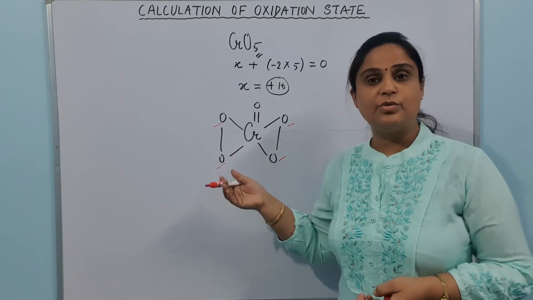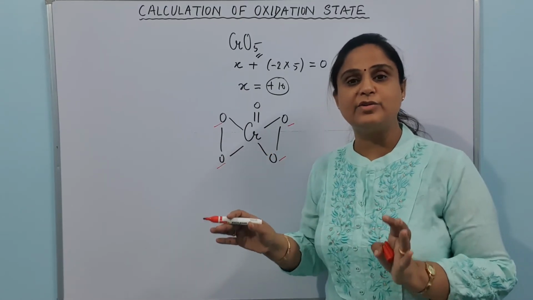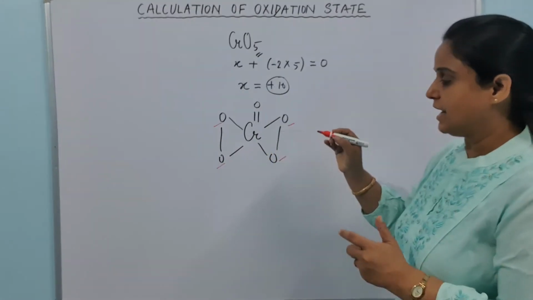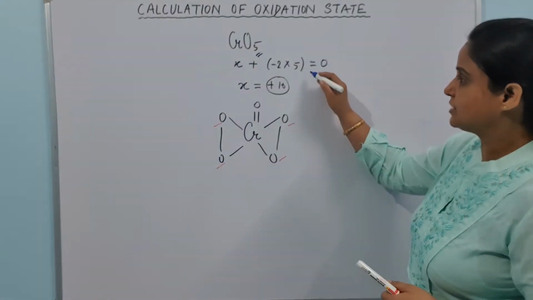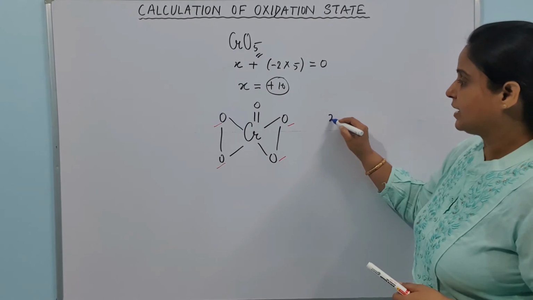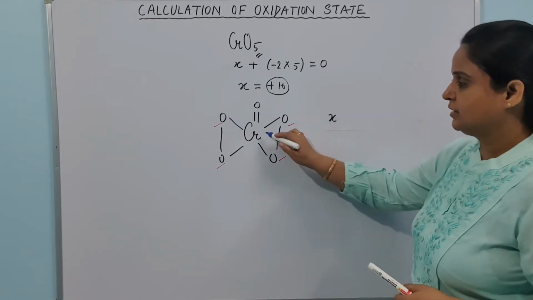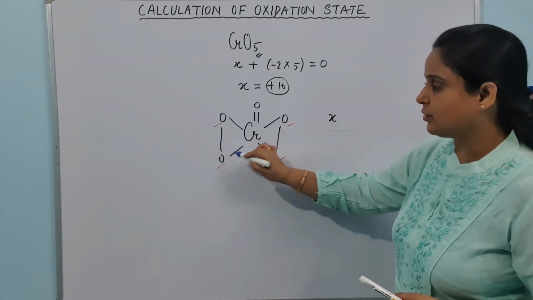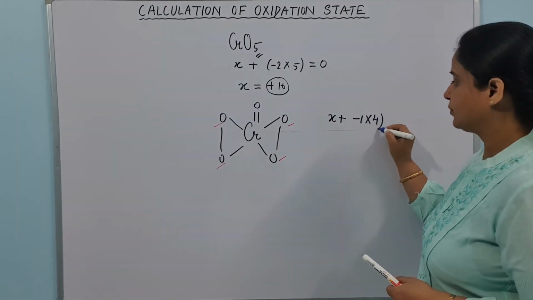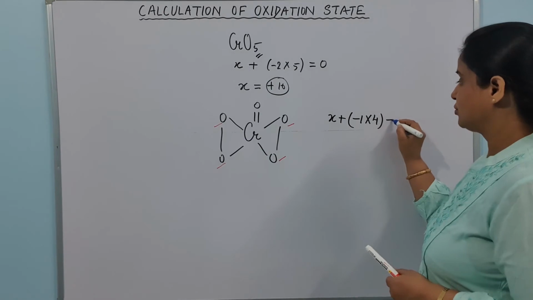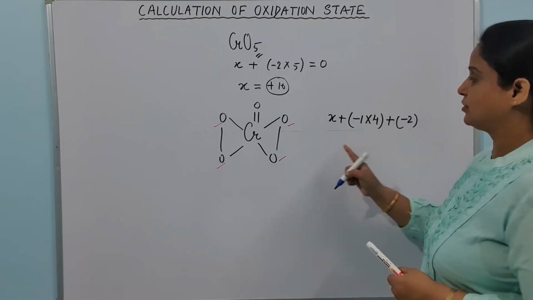So if I want to use that simple formula, what will I do? I can calculate it using this formula, that is Cr. I am taking X for Cr, 4 of the oxygen at the -1 oxidation state, so multiplied with the 4, and 1 oxygen at the -2 oxidation state, so this is -2.